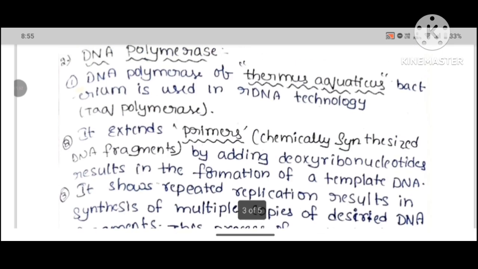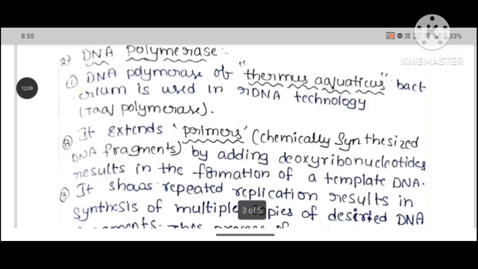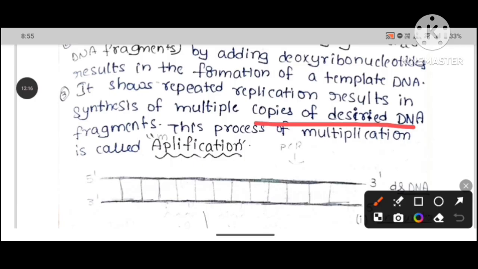So what is the function of this DNA polymerase? It extends the primers, which are chemically synthesized DNA fragments. How does it extend? By adding deoxyribonucleotides, resulting in the formation of a template DNA. It shows repeated replication, resulting in the synthesis of multiple copies of the desired DNA fragments, and this process is known as amplification.